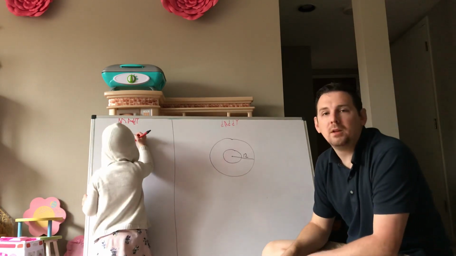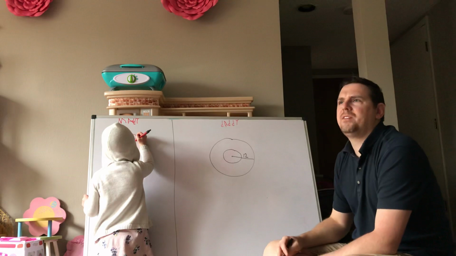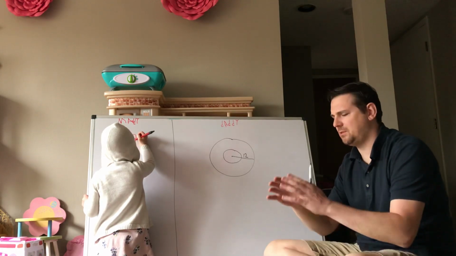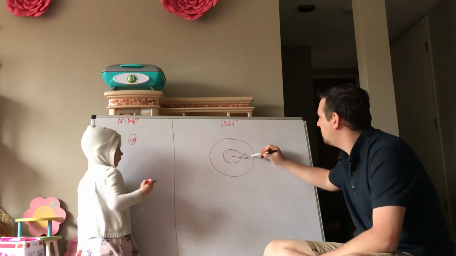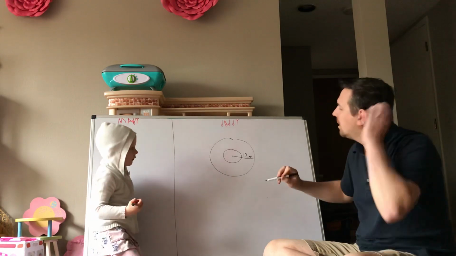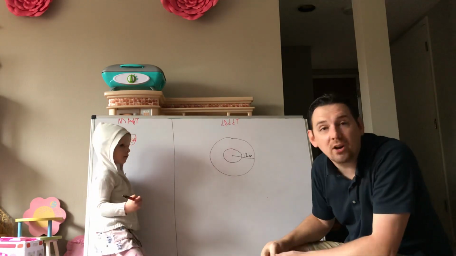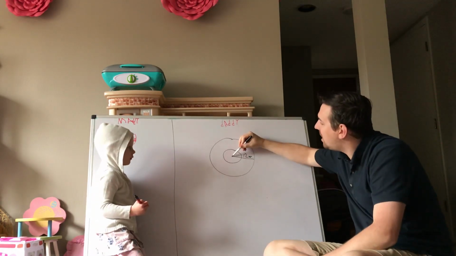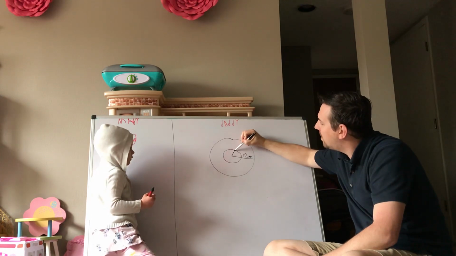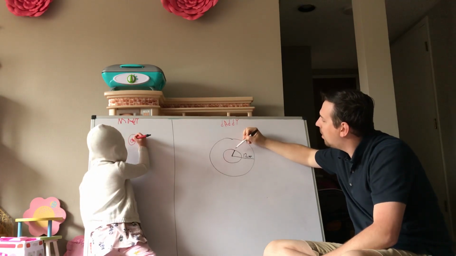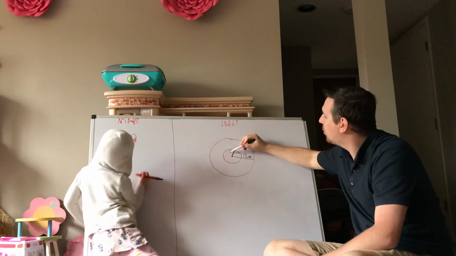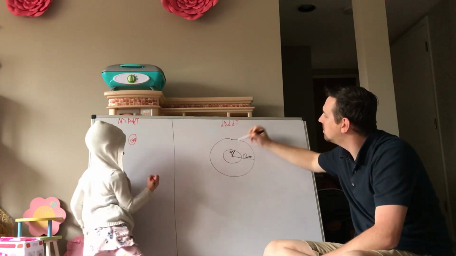Let's make it a super small donut, 12 millimeters. Then we're going to make another radius of the inner circle, a radius of 3 millimeters.